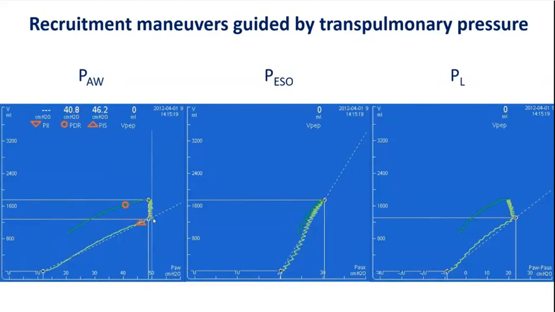If we have an esophageal catheter in place, for the same maneuver, we can display the esophageal pressure recruitment maneuver, so the recruitment maneuver of the chest wall, which shows, of course, no recruitment on the chest wall, and the transpulmonary recruitment maneuver, the recruitment maneuver of the lung, showing that all the volume increase, of course, is due to the lung, and showing what was the transpulmonary pressure achieved during the recruitment maneuver, here around 23 centimeters of water.